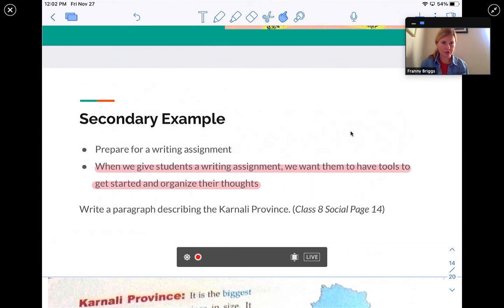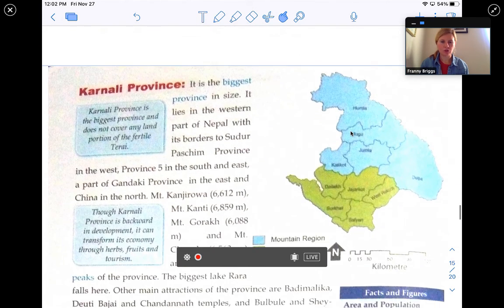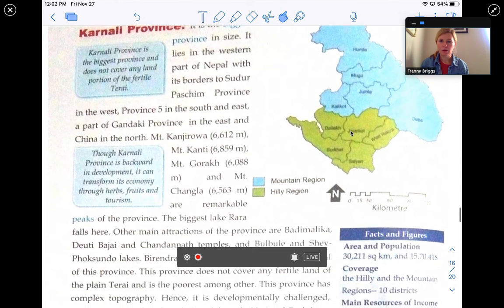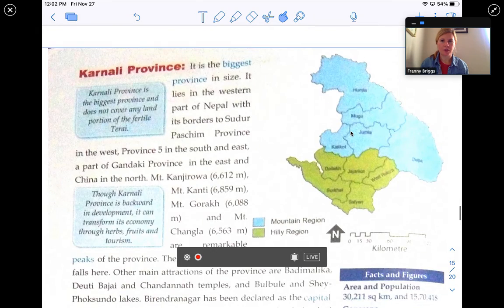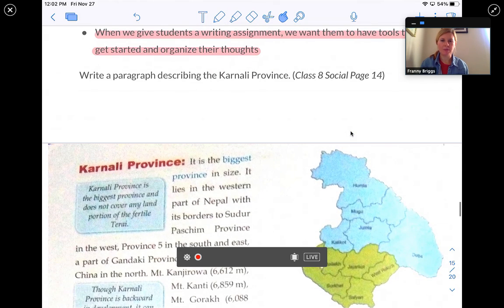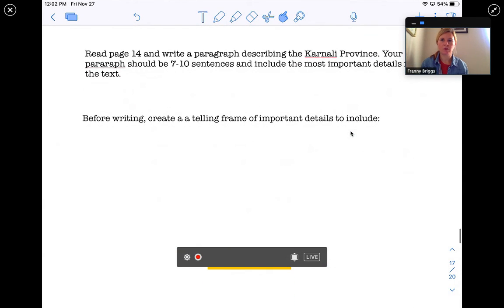So the example I chose is from Class 8 Social. And in Class 8 Social, there are all these pages about the different provinces. And so maybe your assignment would look like this.